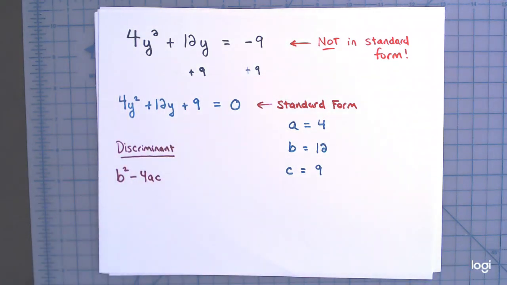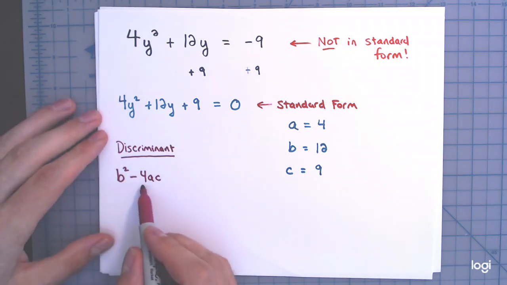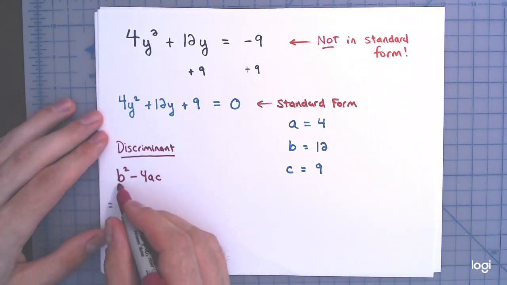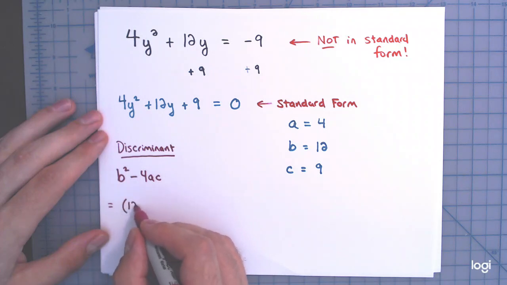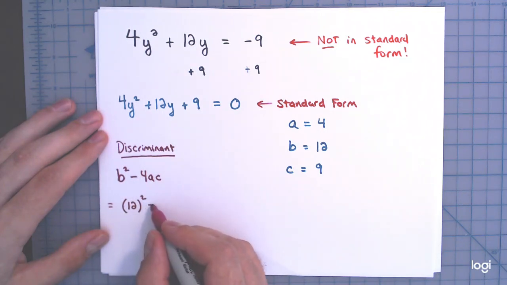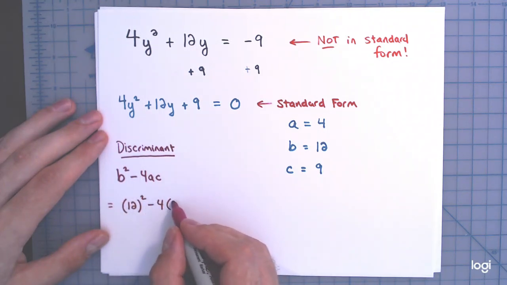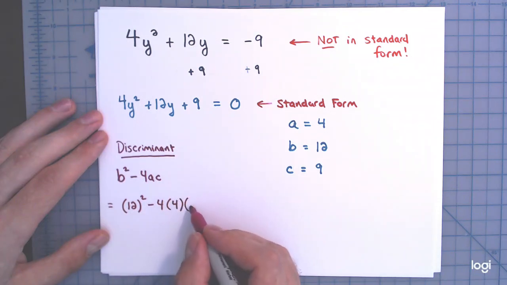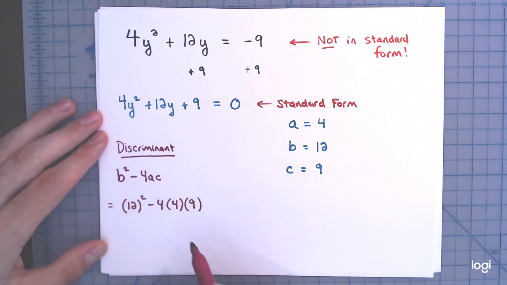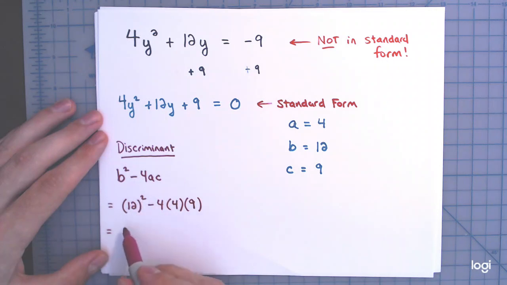Alright, so I substitute those into my expression for the discriminant. B squared, right, so the number 12 squared minus 4 times a times c. 12 squared is 144.